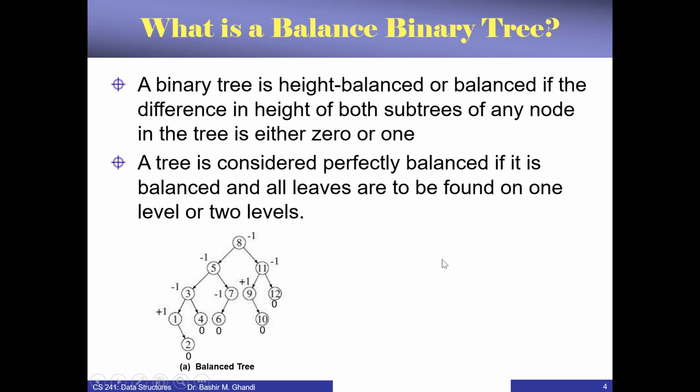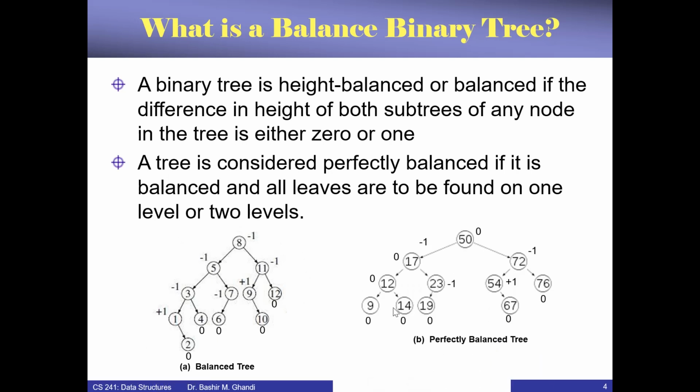If you have that, plus the fact that it is balanced, then it is said to be a perfectly balanced tree. And this is an example of a perfectly balanced tree. The leaves are either in the last level or 1 level above, and in addition, none of the subtrees have a difference in height between the left and right above 1.